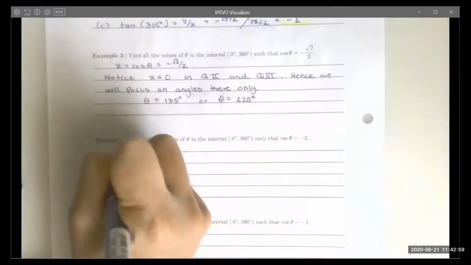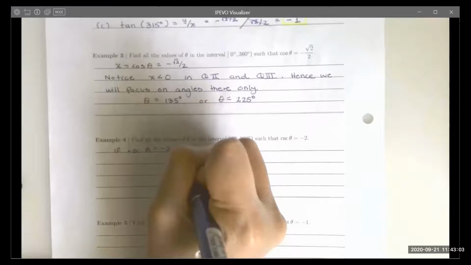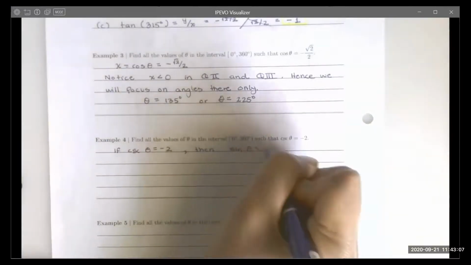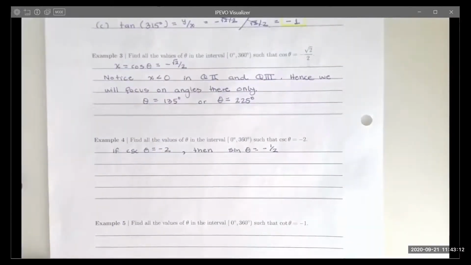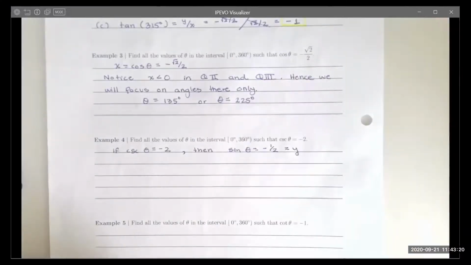So if cosecant of angle theta is negative 2, then sine of angle theta has to be negative 1/2, because it's simply the reciprocal. So we have to find an angle that has a sine theta of negative 1/2. And if you recall, sine is always the y value.